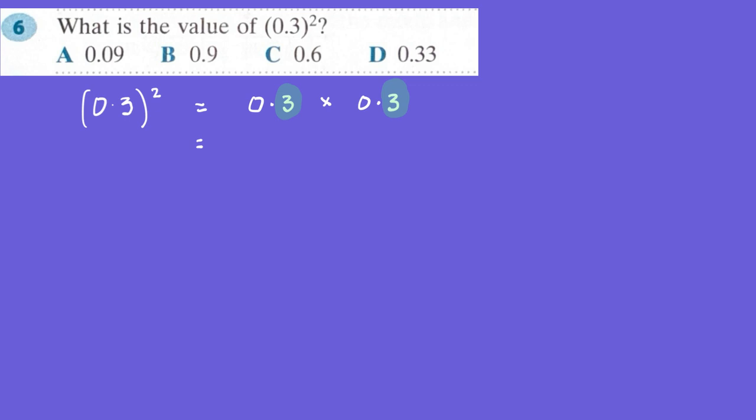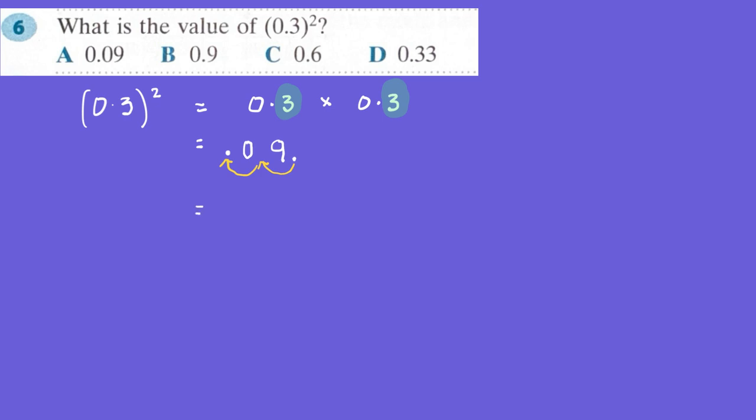If we multiply 3 times 3, which is 9, we must now move the decimal place back. If we go back 2 places, we insert a 0 in here, and our decimal place will come here.